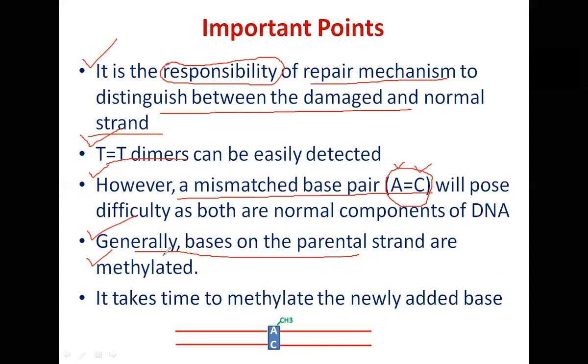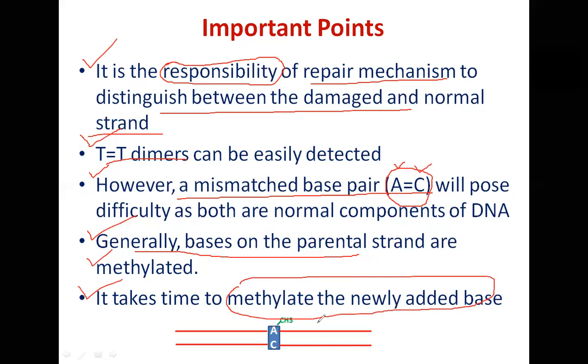So that means the strand or the base which doesn't have a methyl group is the newly added base, and that is considered as the abnormal one, and it is removed, because it takes time to methylate the newly added base.